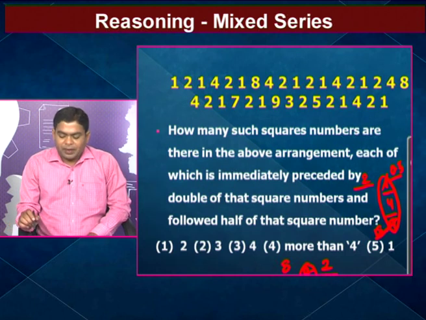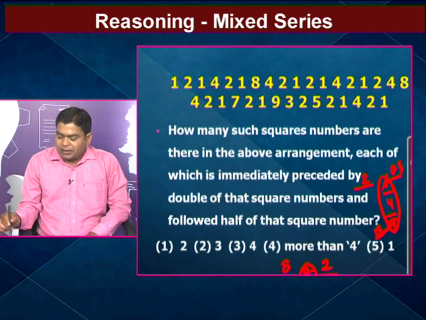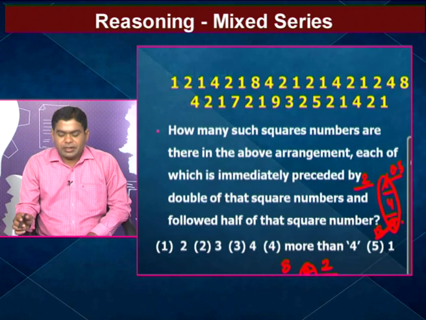In our question the perfect squares are 1, 4, 9, but 1 does not satisfy the given condition, and 9 is also not satisfied. For 9, the right side must be half of that number, that means 4.5, and there is no 4.5 in our given series. That means only we go to the 4 and verify the left side and right side.